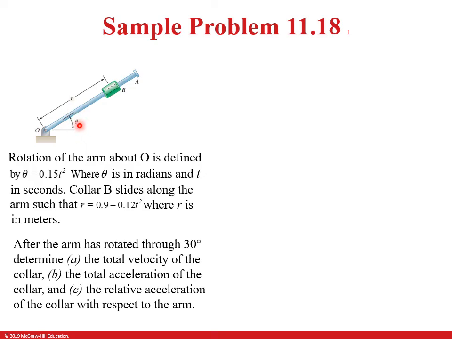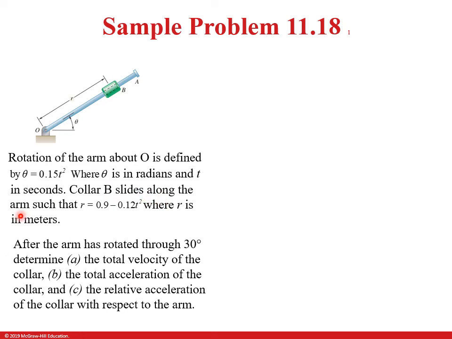So this looks like a good problem to utilize our radial and transverse equations. The rotation of the arm about O is defined by theta equals 0.15 t squared, where theta is in radians and t in seconds.